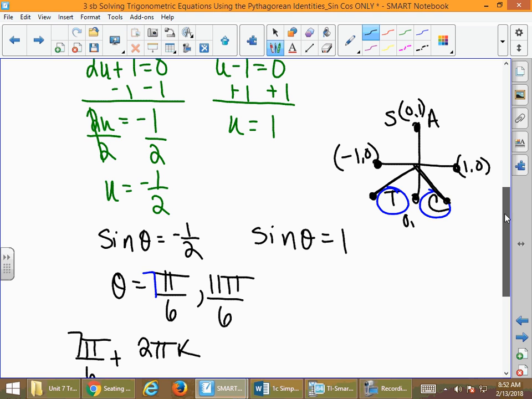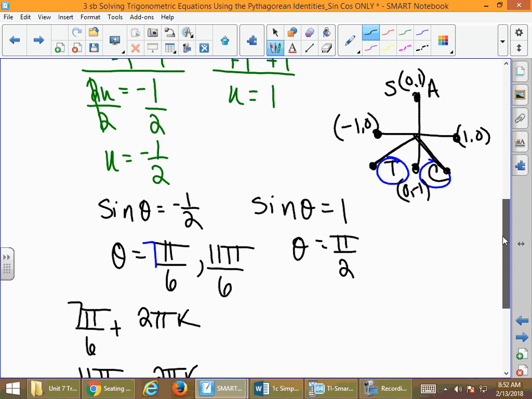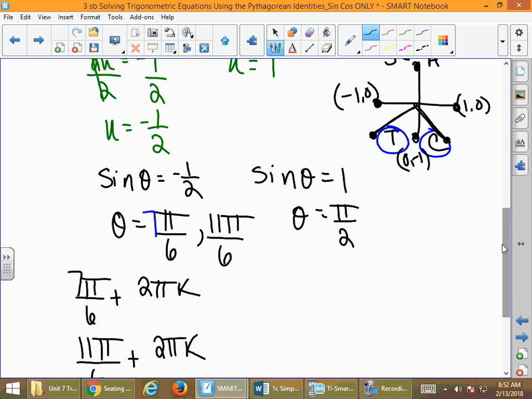This one is 0, negative 1. We need where sine is 1, which is pi over 2. And that's the only value where sine of theta is 1. So to get back around to there, we will have to add 2 pi k to that as well.